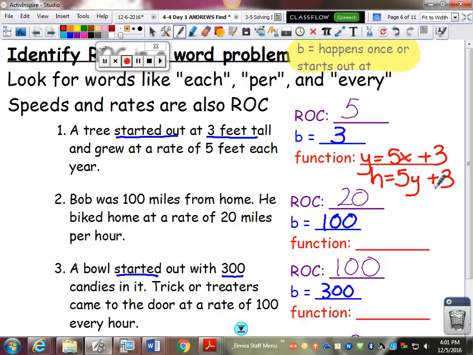Okay, you don't have to do that, but that would mean the same thing. f of x equals 20x plus 100. y equals 100x.